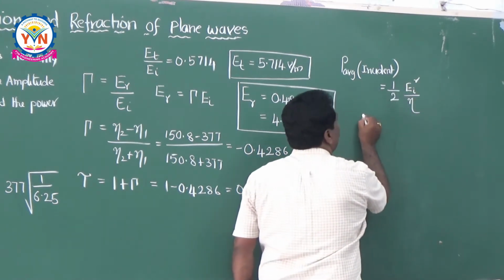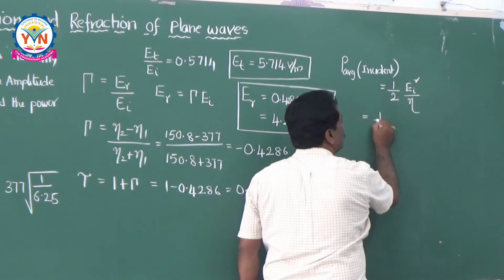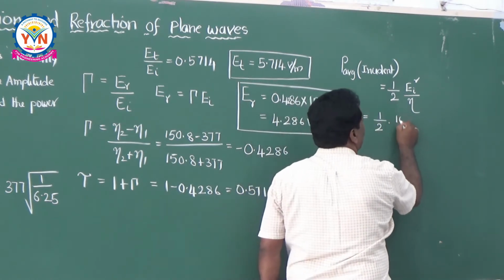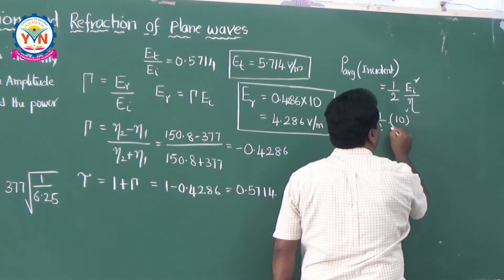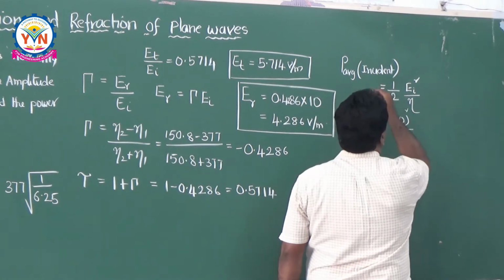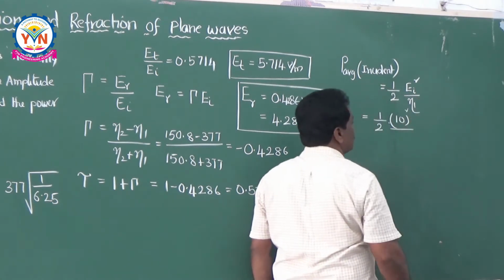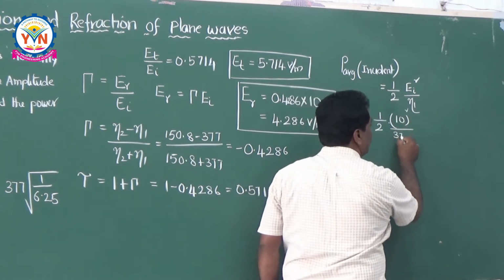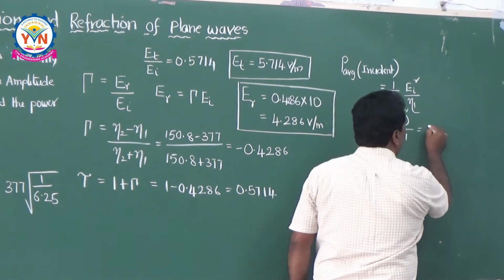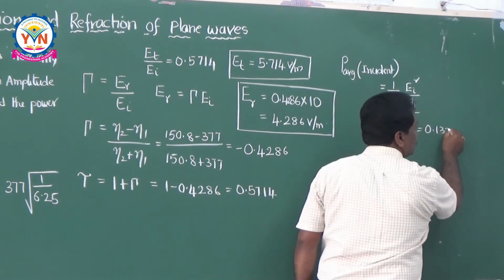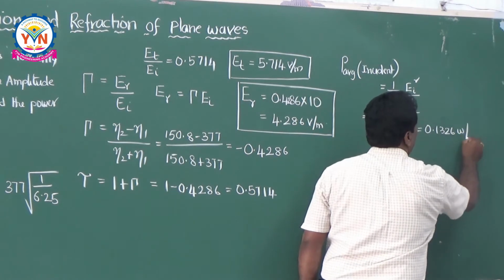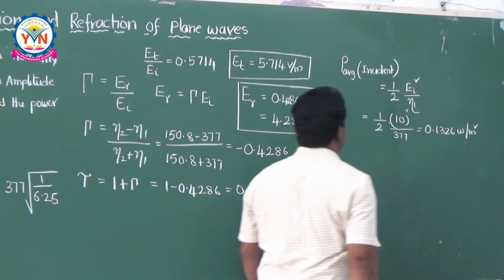Half into 10 whole square divided by eta 1, since incident is in free space, that is 377, which is equal to 0.1326 watts per meter square.